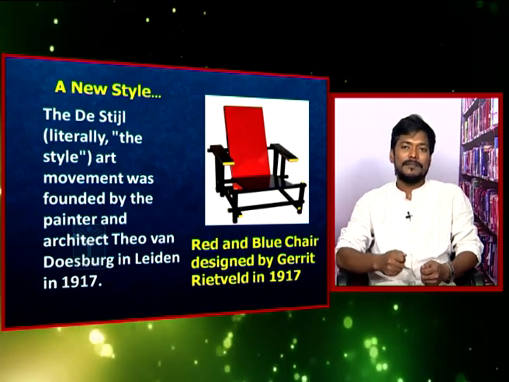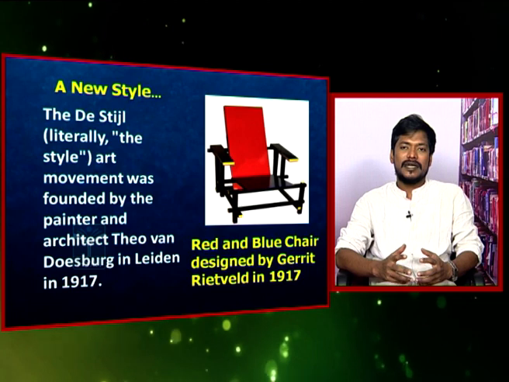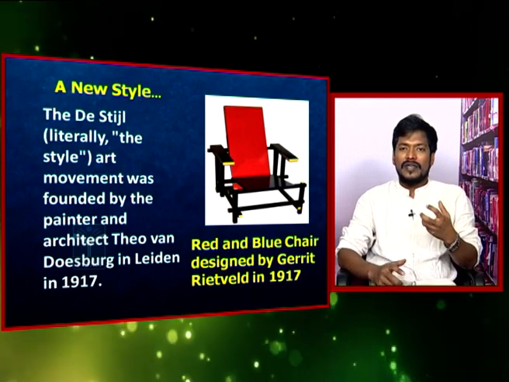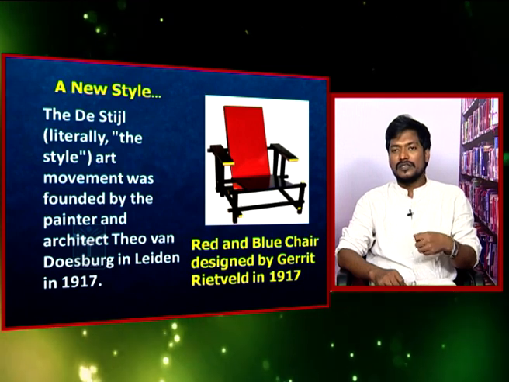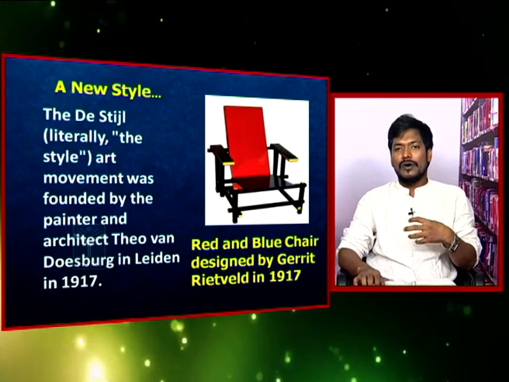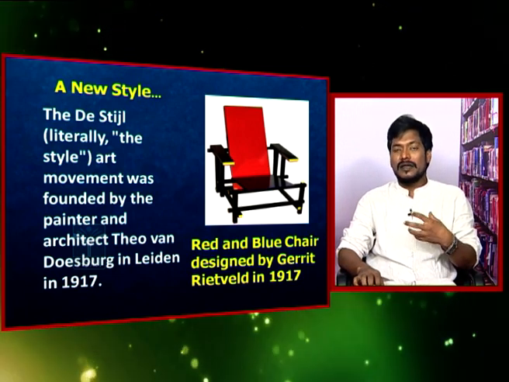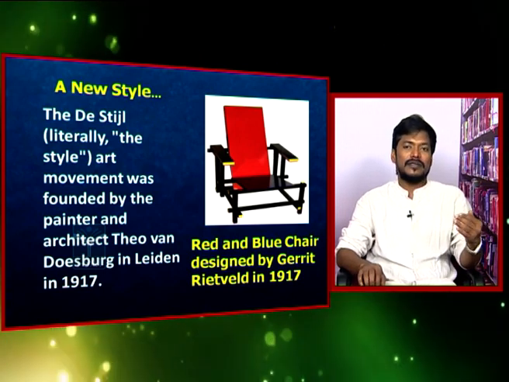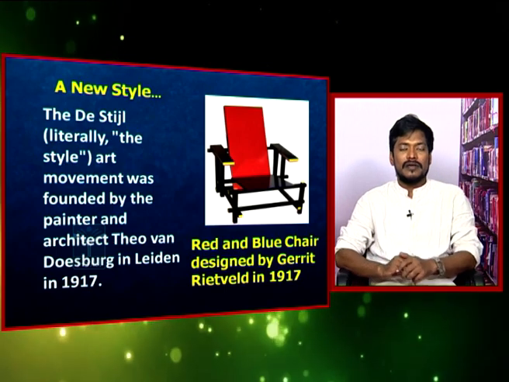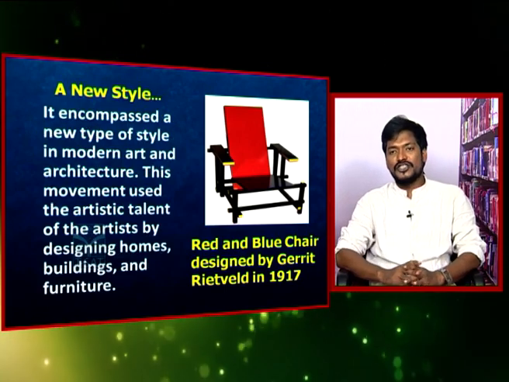That was the idea. The movement used the artistic talent of the artists by designing homes, buildings and furniture. So they used artistic sensibilities and artistic talent for designing different things. The example that you see on the right side is a chair.